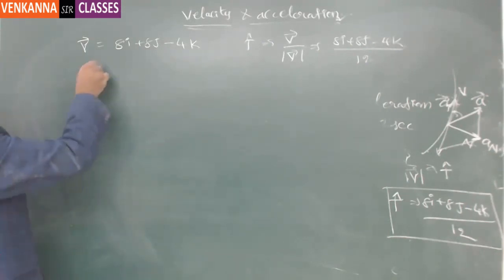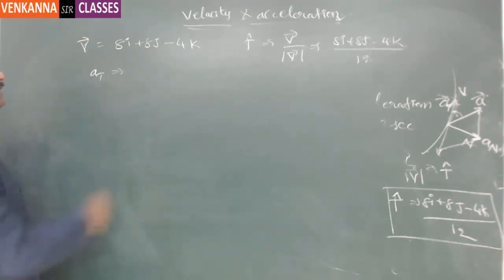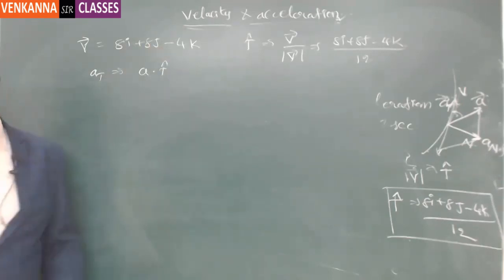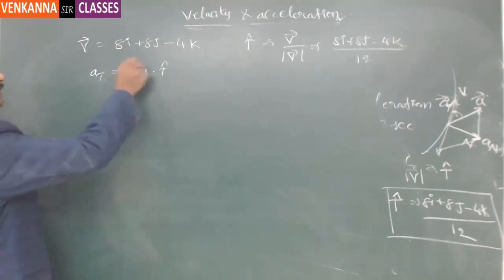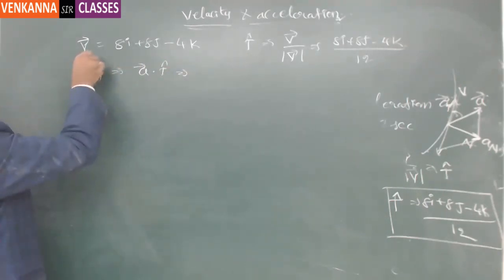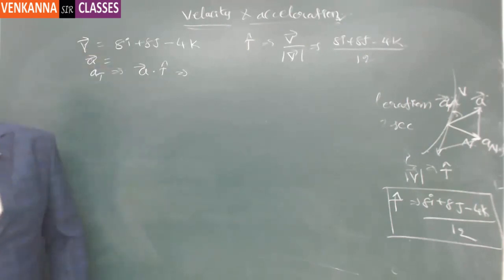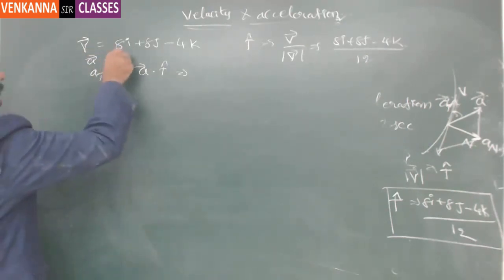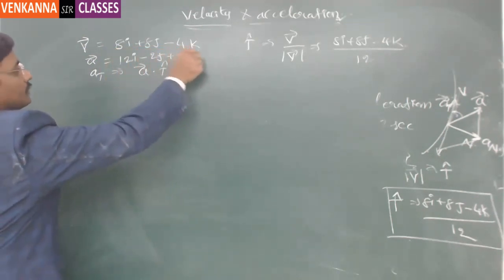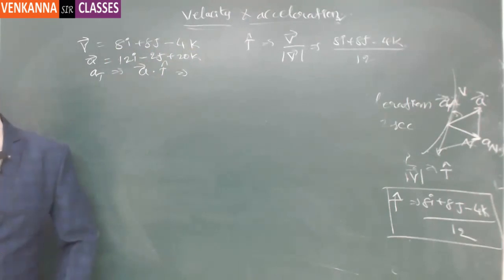Now a_t is nothing but the a dot product with t cap. Now this is the tangential component of the acceleration. So the a value we have calculated is 12i minus 2j plus 20k. So this is the total acceleration.